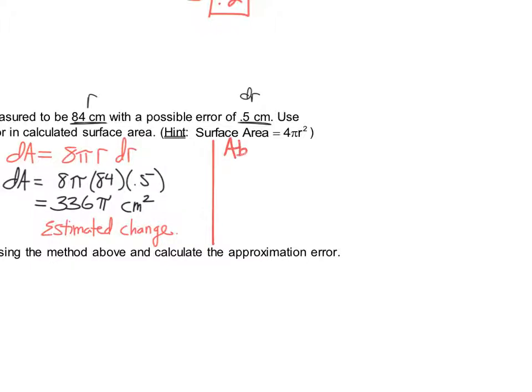So absolute change: f of 84 plus 0.5. That's the a plus the dA or dx, it's r in this case plus dr. So we'd have to figure that out.